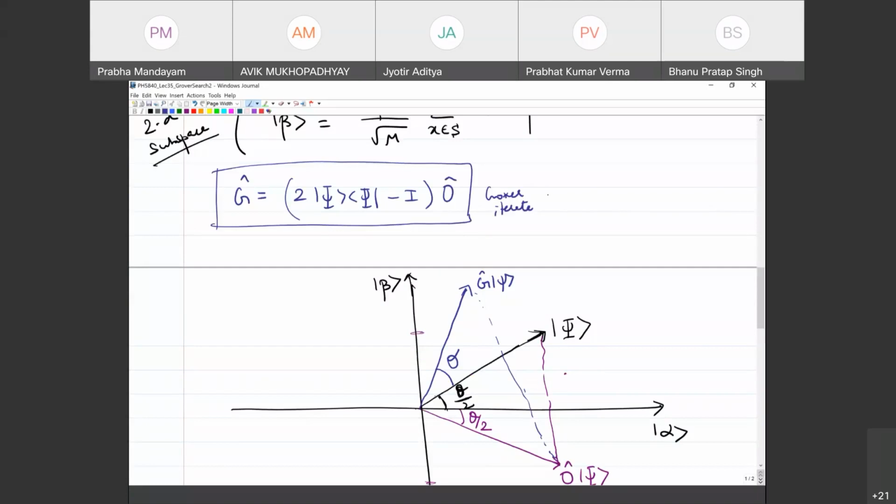And what we are seeing is that finally the net effect of this two-step process is for psi to get rotated to G psi, and G psi is nothing but a rotation of psi by angle theta.